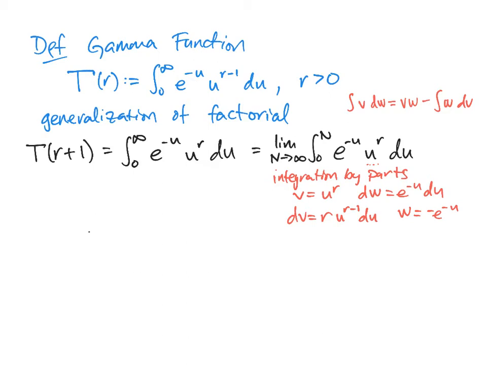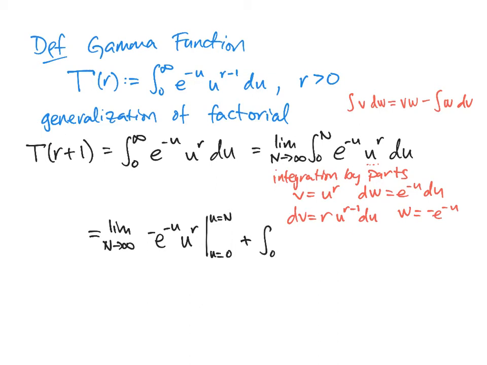So now we can write this as the limit as n goes to infinity of VW, so negative e to the negative u times u to the r, evaluated from u equals 0 to u equals n, minus the integral of w dv. So the minus and the w is going to give us a plus.